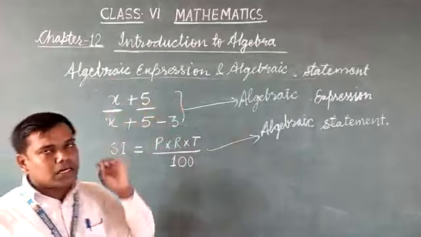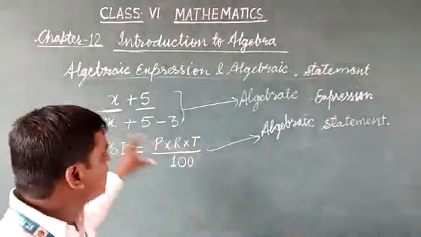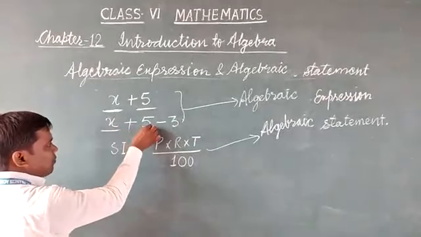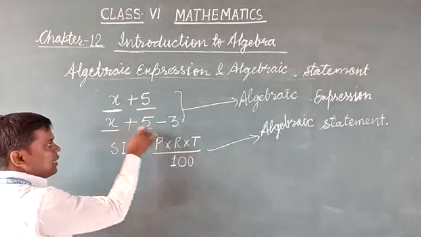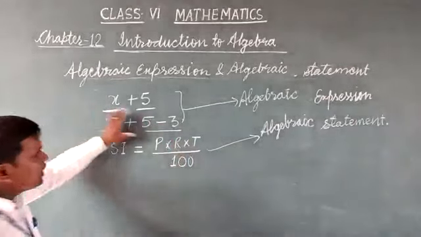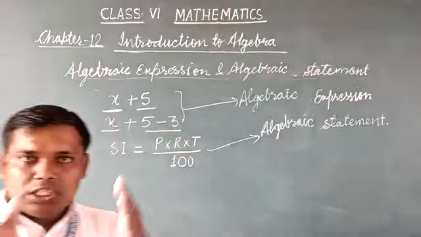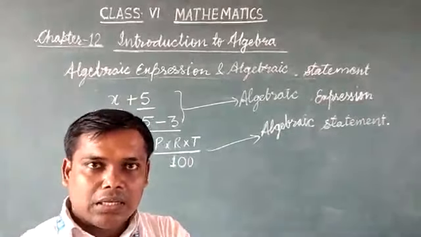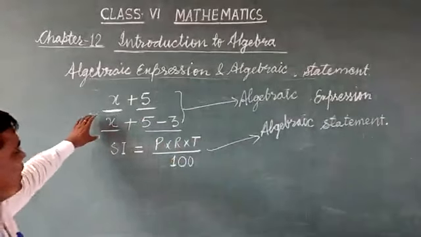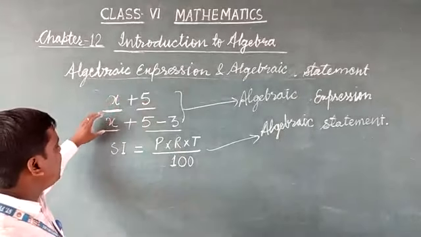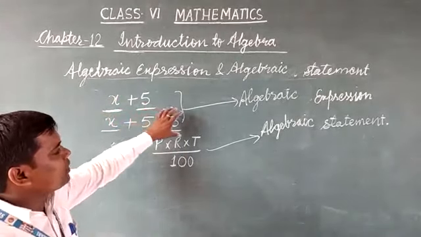Here three are the parts. So x is separated from 5 with the symbol plus, and 3 is separated from 5 with the symbol minus. So we can say x is a term and 5 is also a term. Similarly, x is a term, 5 is a term and 3 is also a term.